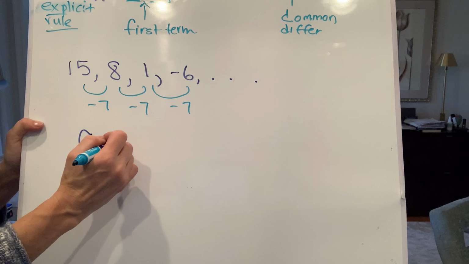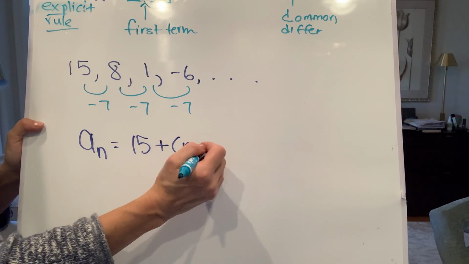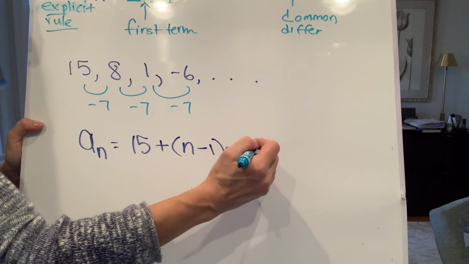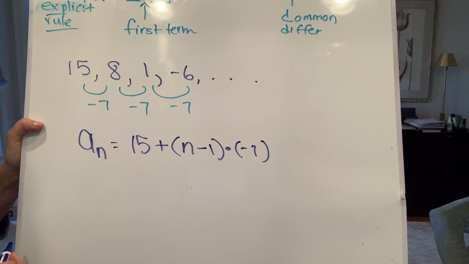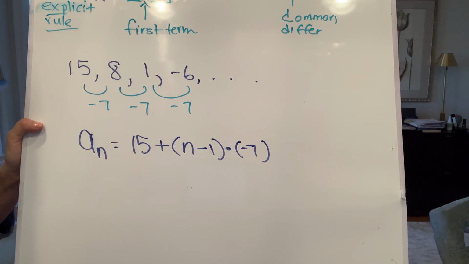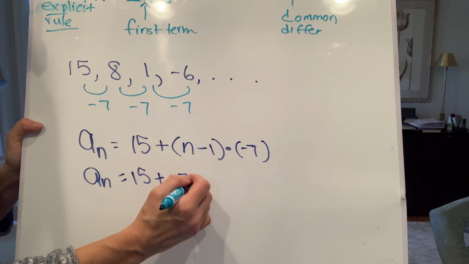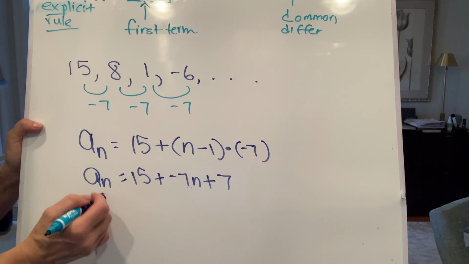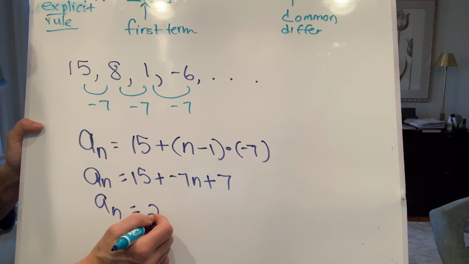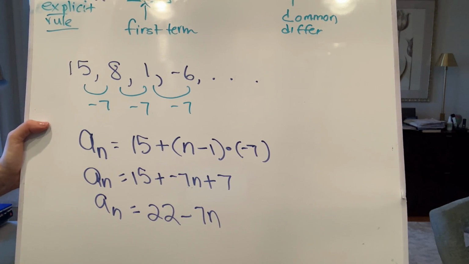So my rule would be the first term, 15, plus n minus 1 times the common difference in this case, which is -7. If I simplify that, I get 15 plus -7n plus 7, or I get 22 minus 7n. You could also write that as -7n plus 22, whichever you prefer.